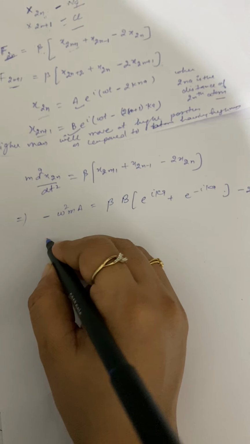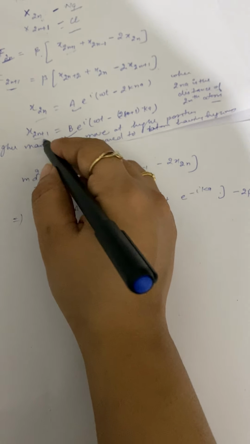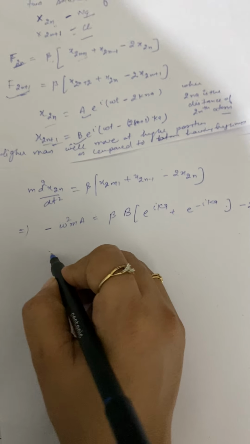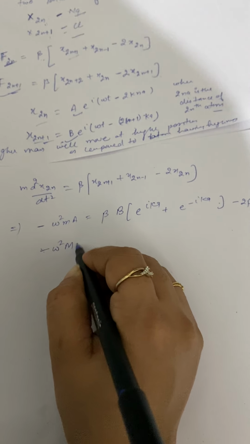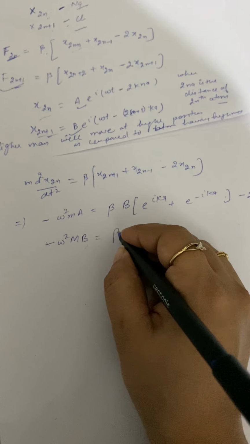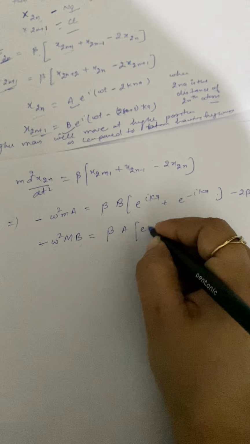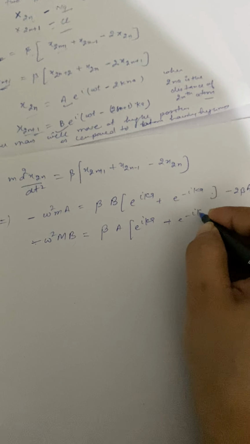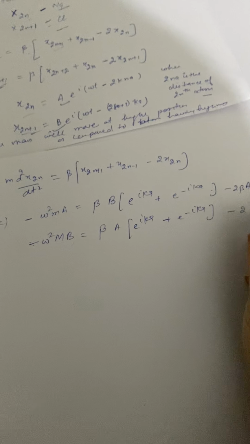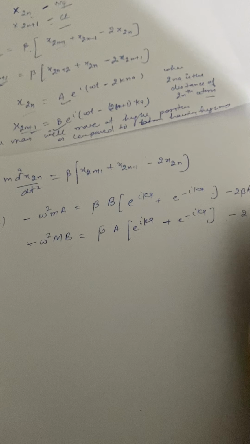Similarly, for x raised to power 2n plus 1, for this term of force, it is omega square capital M b is equal to beta a, e raised to power iota ka plus e raised to power minus iota ka, minus 2 beta b.